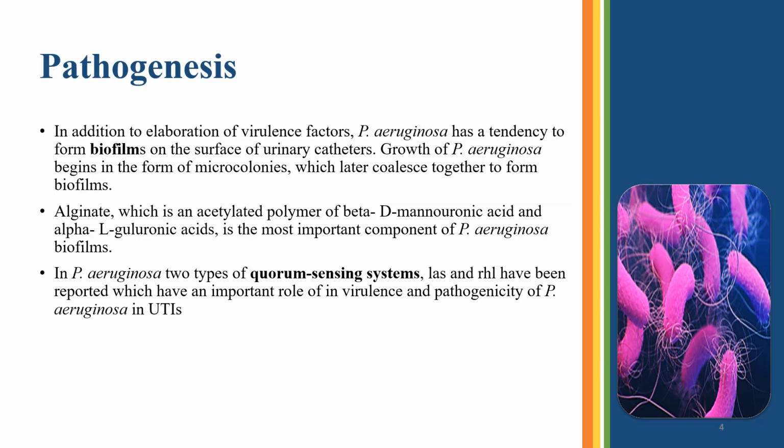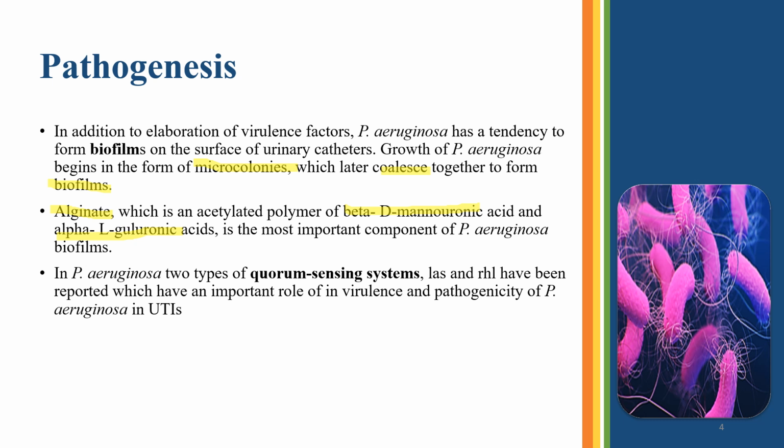As we all know, biofilm formation, especially on the surface of foreign bodies like shunts or catheters, plays a key role in UTI. Growth of P. aeruginosa begins in the form of microcolonies, which later coalesce together to form biofilms. Alginate, which is an acetylated polymer of beta-D-mannuronic acid and alpha-L-guluronic acid, is the most important component of Pseudomonas aeruginosa biofilms.